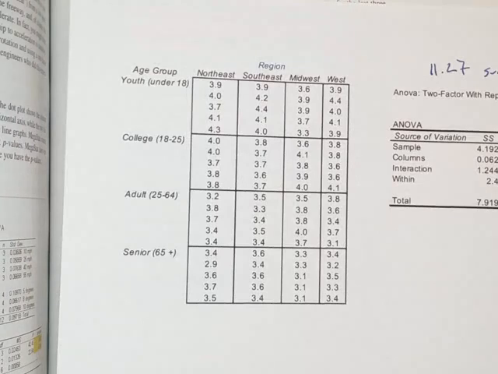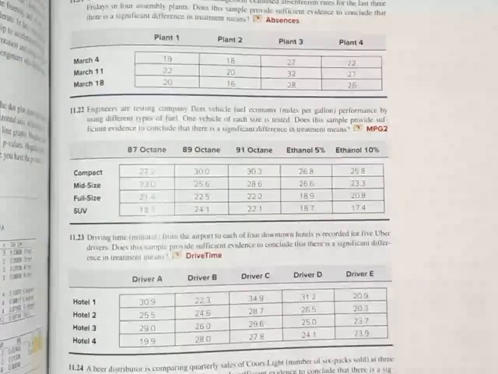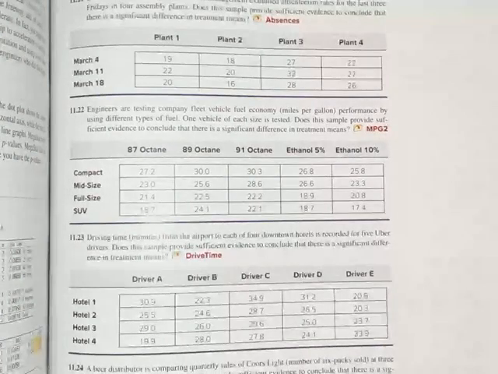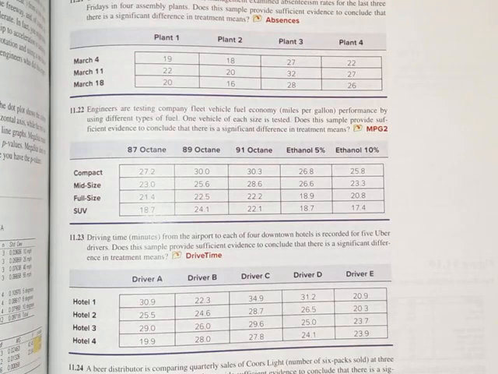So instead of 1 number per box, I have, in this case, 4 numbers per box. I think this is going to take too long. We're going to put this off. So 2-factor ANOVA with replication is what's left, right? I've got that for another day, which means I'm going to be very generous to you people.